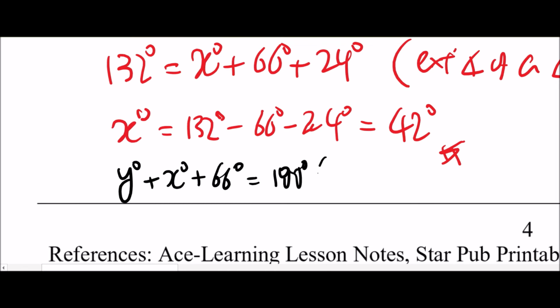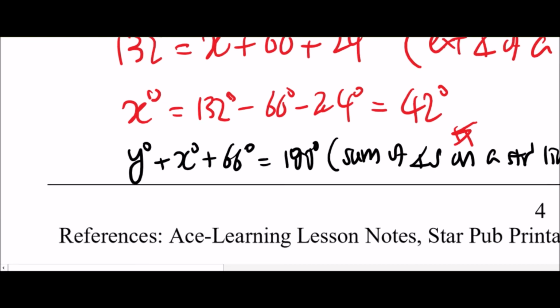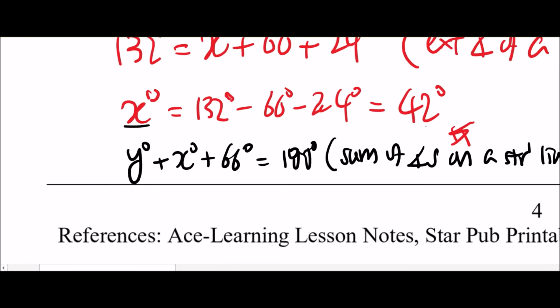And before we forget, let's quote the reason: sum of angles on a straight line. Oh my god, there's a lot of things to write. The next thing we know is X is 42 degrees, so let me replace it over here. Y degrees plus 42 plus 66 gives me 180 degrees.